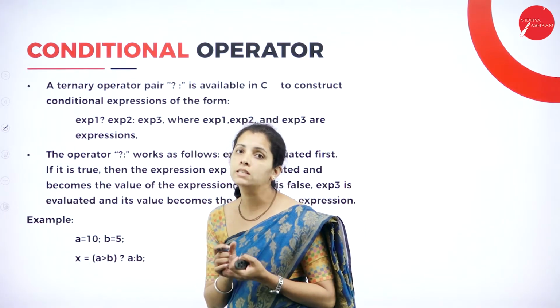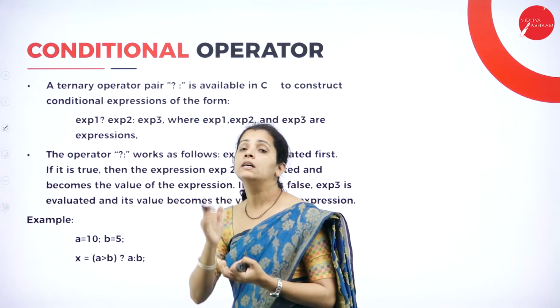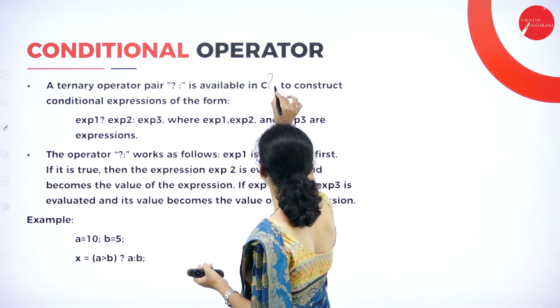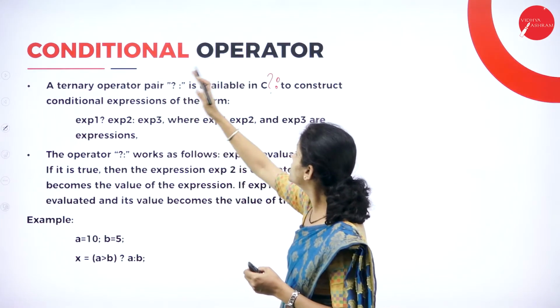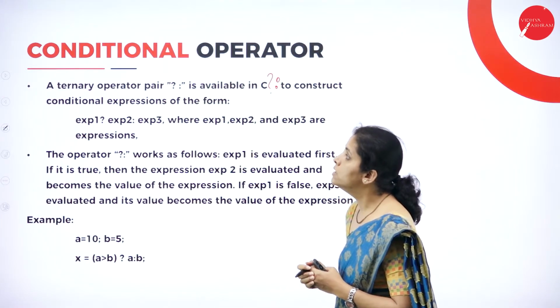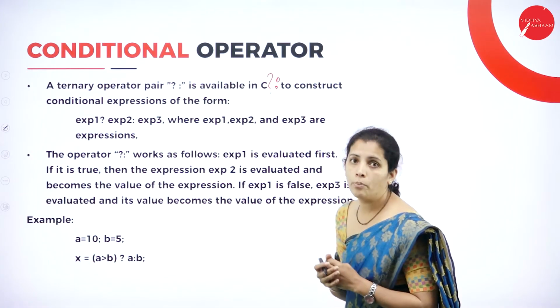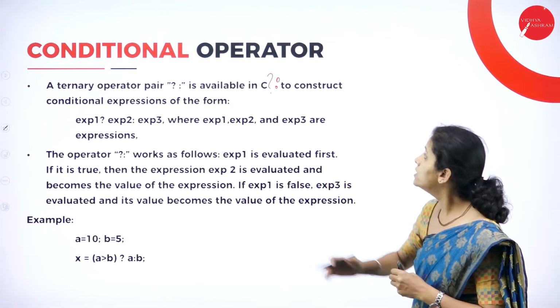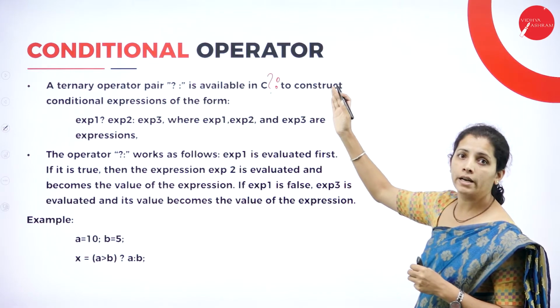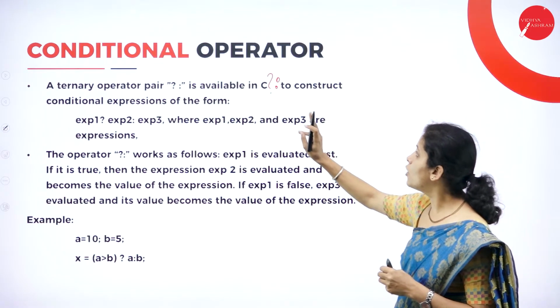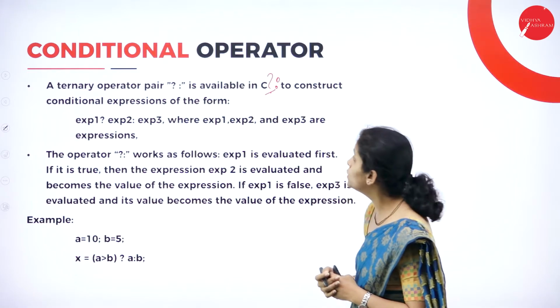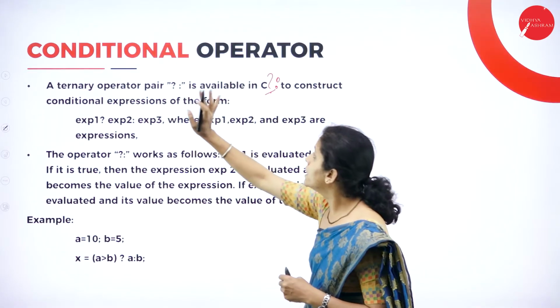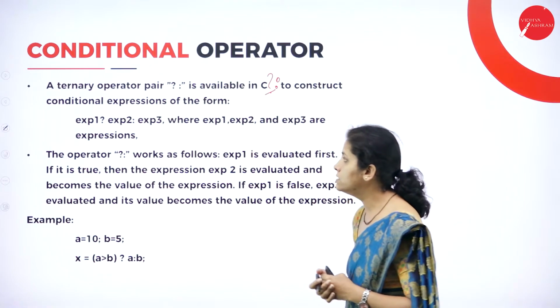So dear student, moving further, I'm going to have the conditional operator. So what is this conditional operator? That is nothing but the question mark and colon together, called the conditional operator. So ternary operators are called conditional operators.